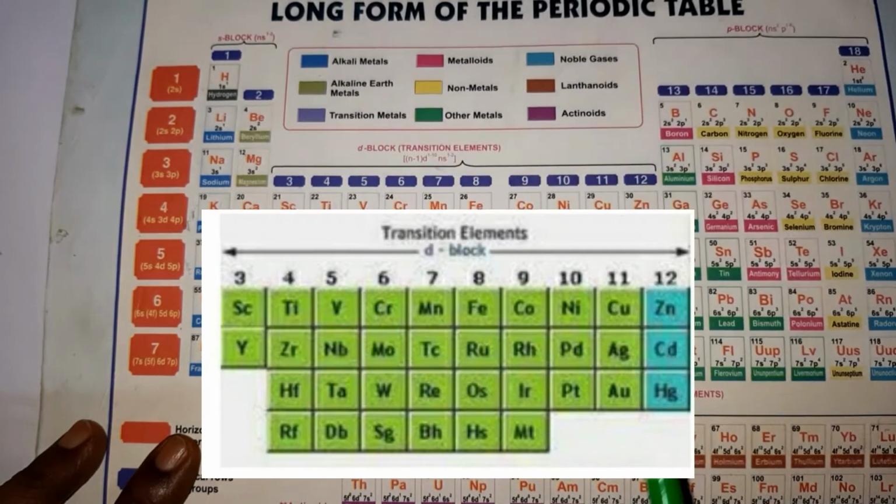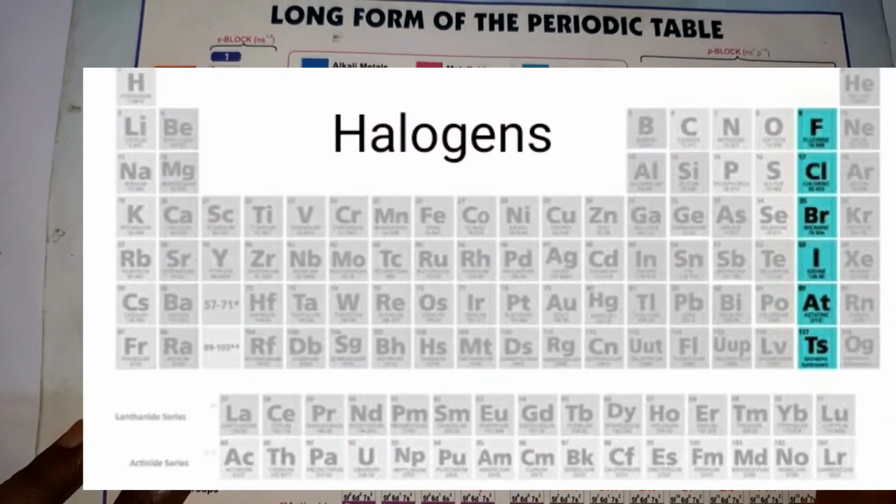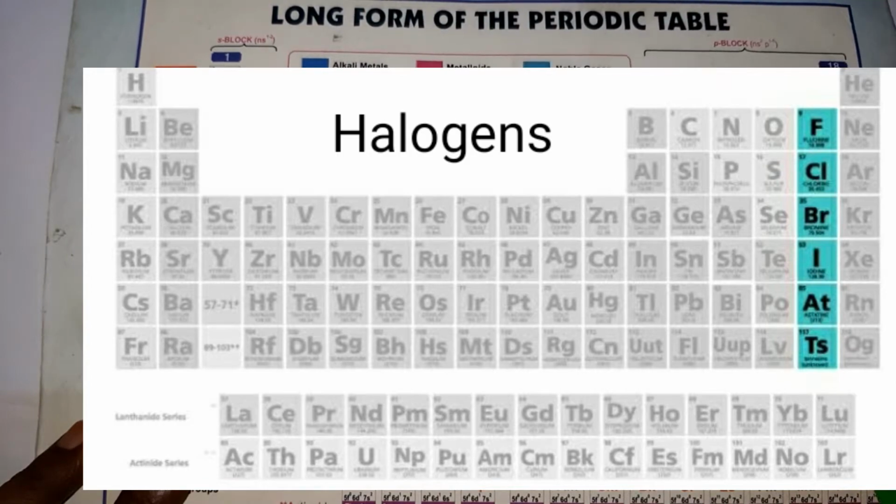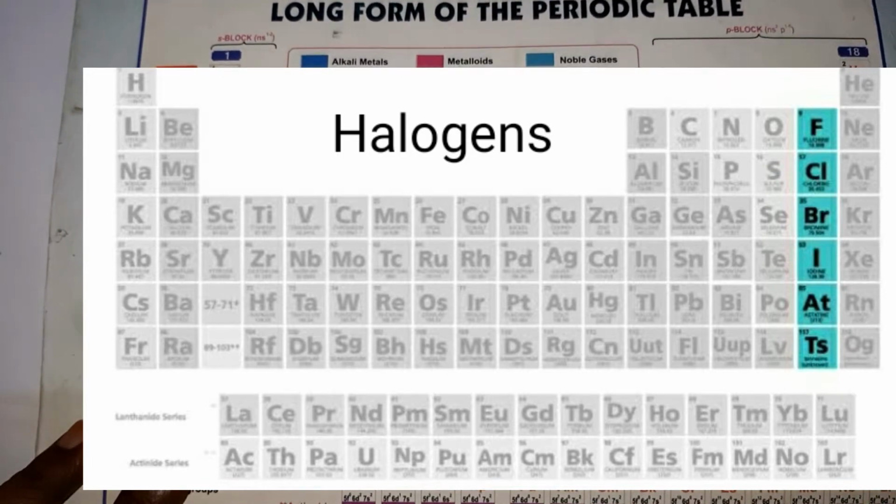And the 17th group elements are called halogens.